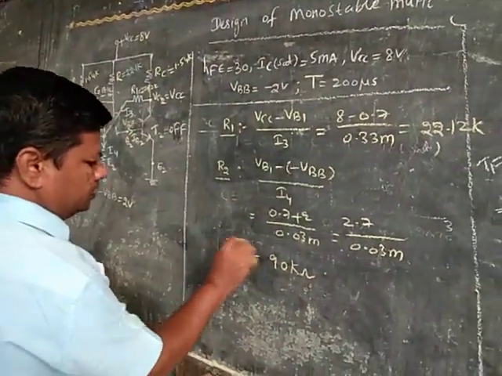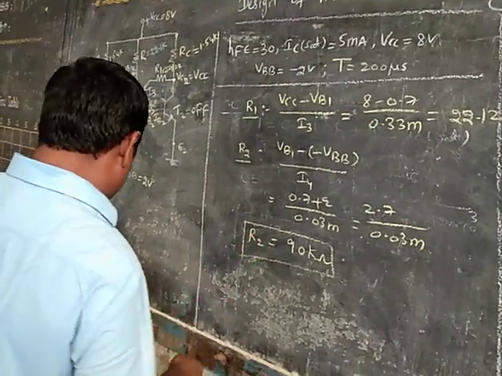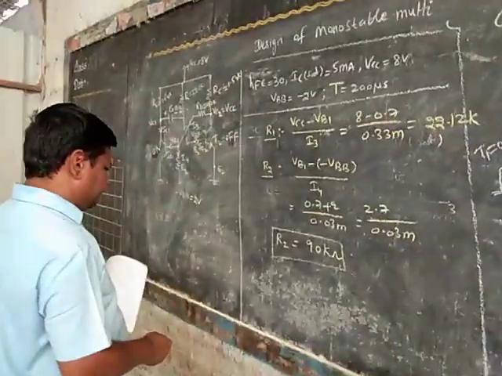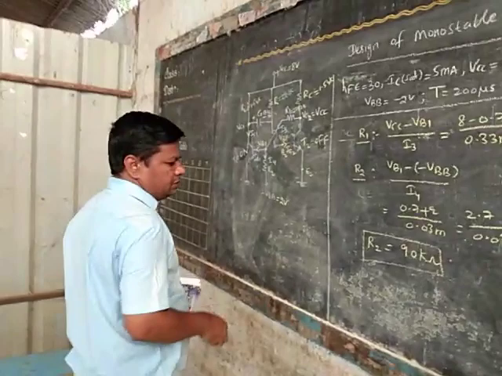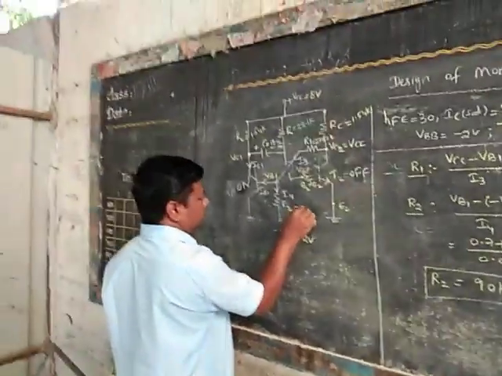R2 is equal to around 90 kilo ohms. Like that you calculate the resistor values.